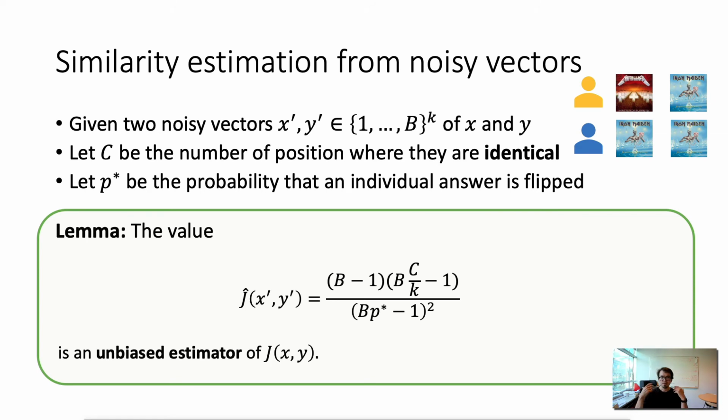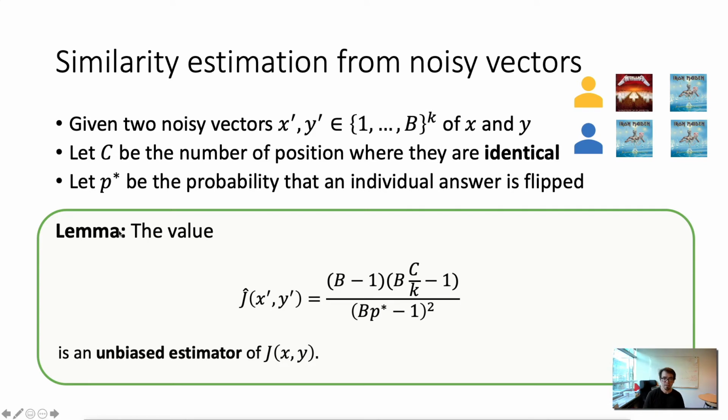So how do we estimate Jaccard similarity from these noisy vectors? We have these 2 noisy vectors over there, as in the example. We just count, again, how many positions are identical. Here it would be 1 position. We take into account the probability that an individual answer has to be flipped, which was 1/4 in the beginning.